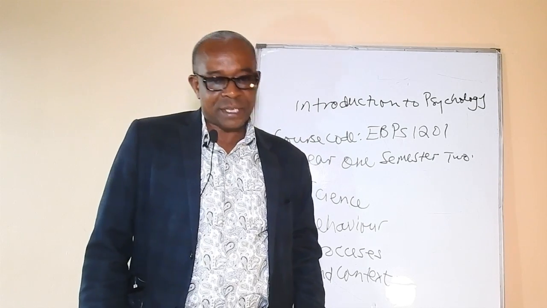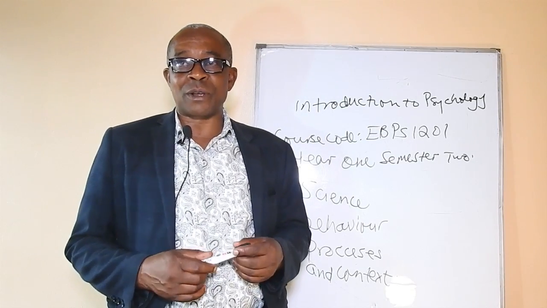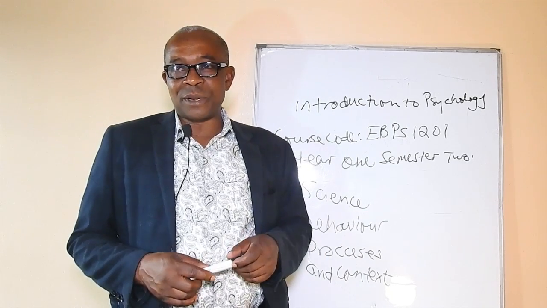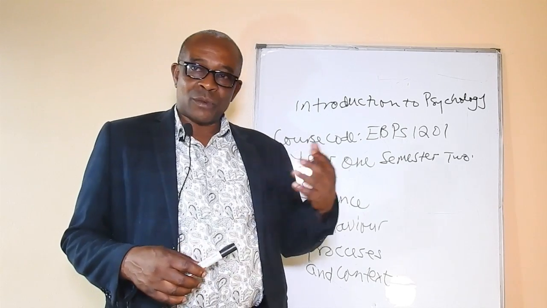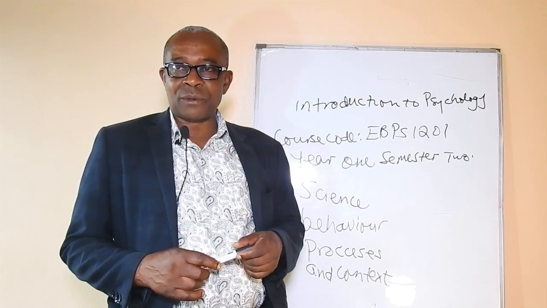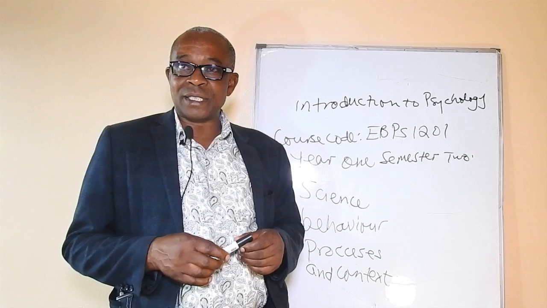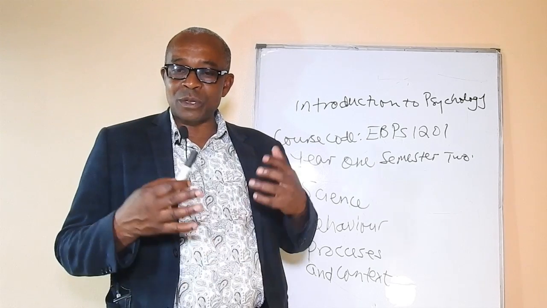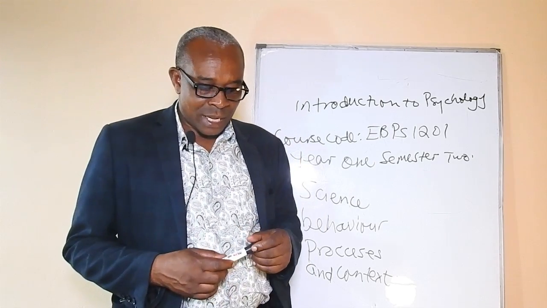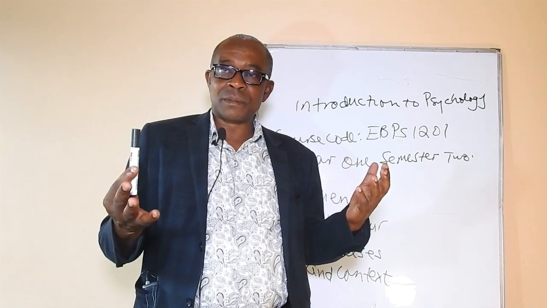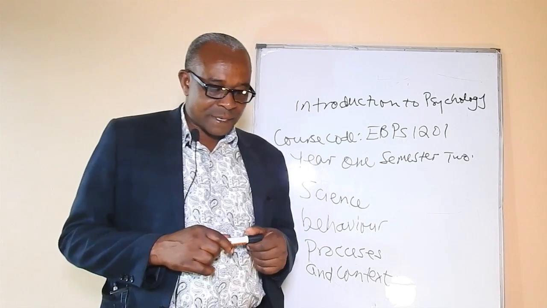If I go on a weighing scale and I find myself 30 kilograms, I get back after 10 minutes, I'm 30 kilograms. 20 minutes later, I find myself with 30 kilograms. It means that instrument is reliable because every time it is used, it gives the same results.